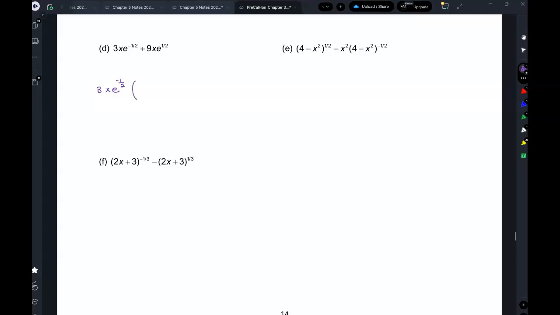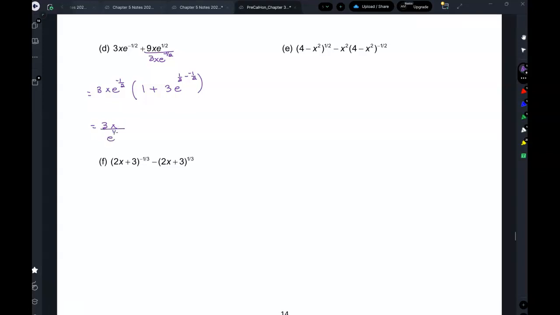So first term will give me a 1 plus, okay? So 9 over 3, what do we get? 3. Okay, e to the 1/2 minus minus a half is a 1. Okay, so 3x, oh, can I have e to the negative half?